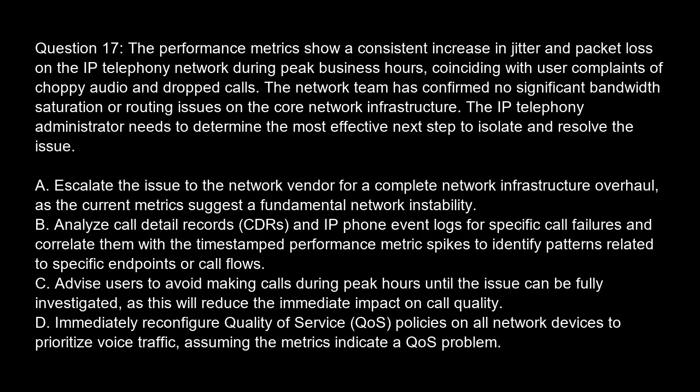Option C. Advise users to avoid making calls during peak hours until the issue can be fully investigated, as this will reduce the immediate impact on call quality. Option D. Immediately reconfigure quality of service (QoS) policies on all network devices to prioritize voice traffic, assuming the metrics indicate a QoS problem.